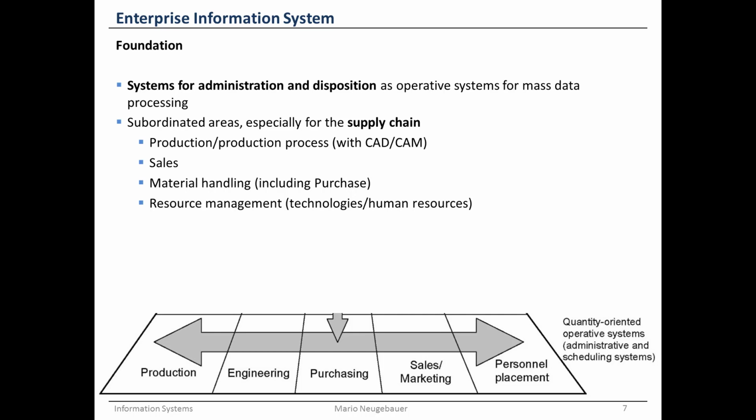So you see a kind of horizontal connection along the supply chain. And on this layer, it's quantity oriented. So that means the people on that layer care about concrete numbers coming out of their activities.